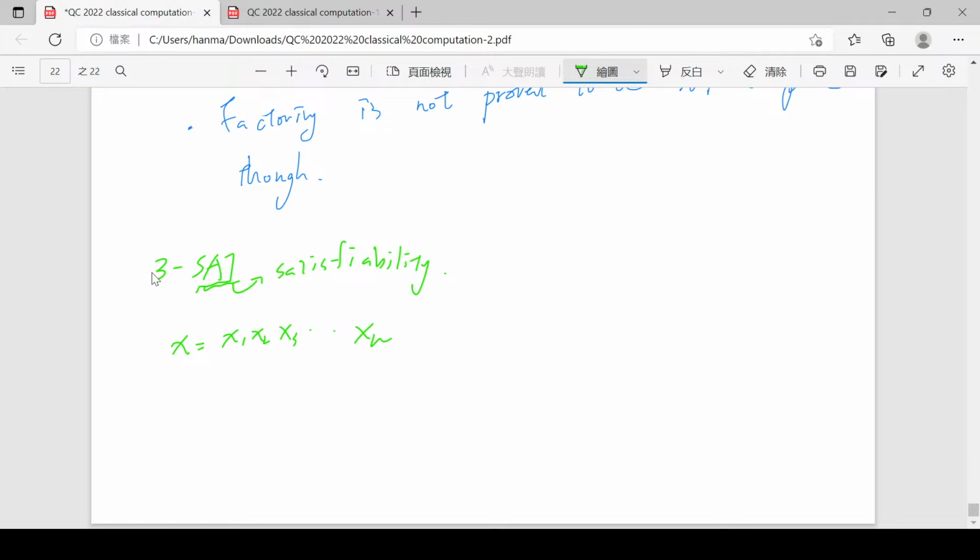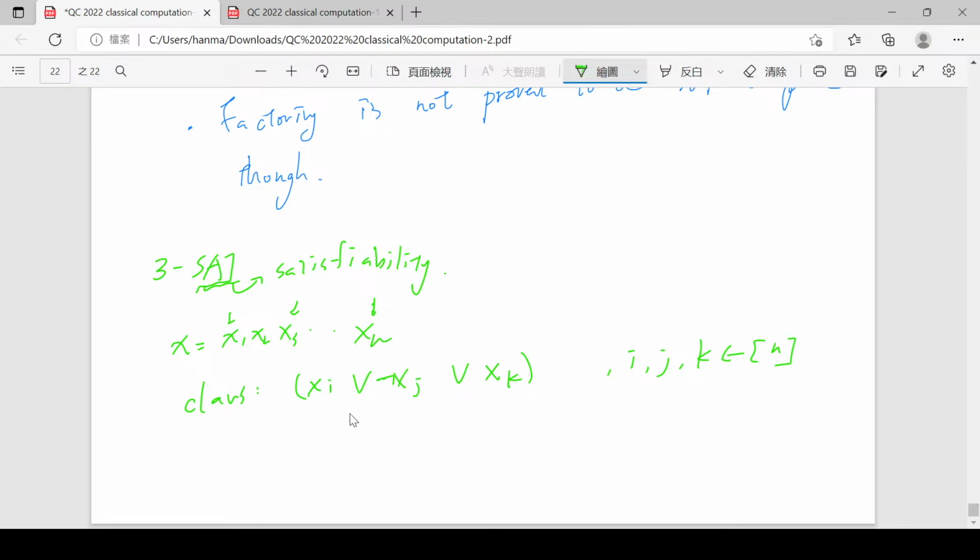In a 3-SAT clause, the 3 means we take 3 literals. We think of there being input variables, and we pick 3 of them, like xi or xj or xk, for some i, j, k in 1 to n, and you can have some negation here. So a clause looks like something like this.